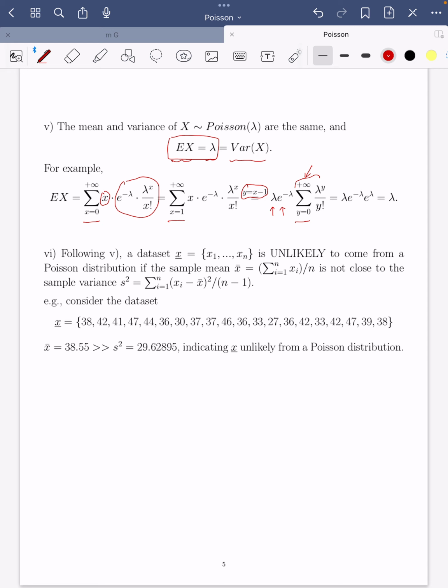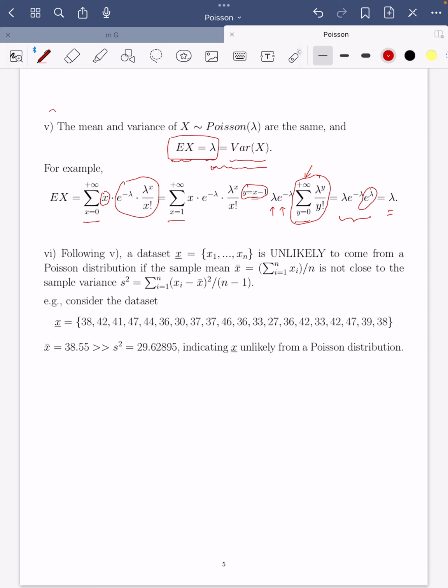If you look at this summation, it is simply equal to e to the lambda. So if you multiply these three terms together, you can see this is equal to lambda. You can also show that lambda is equal to the variance of X in this way, but it will be more complicated.